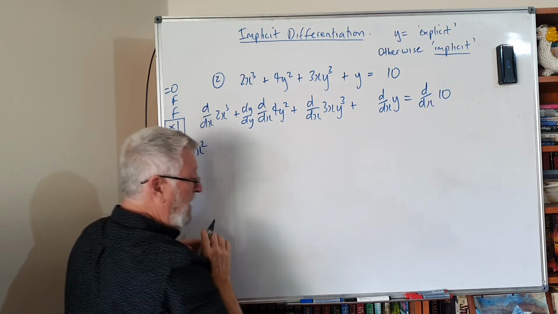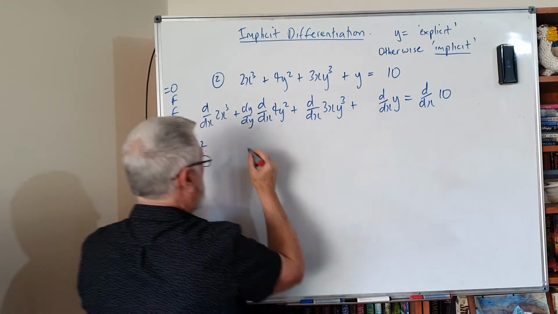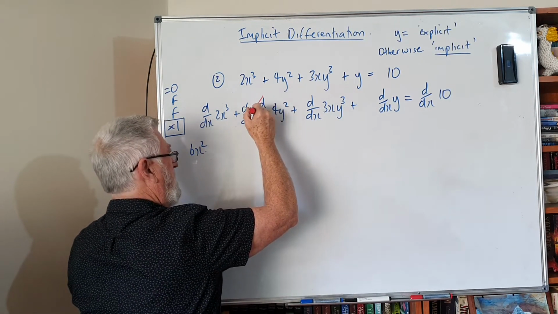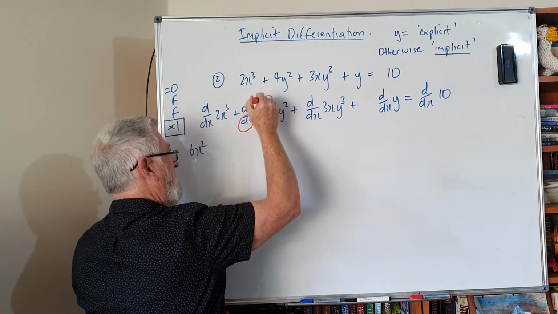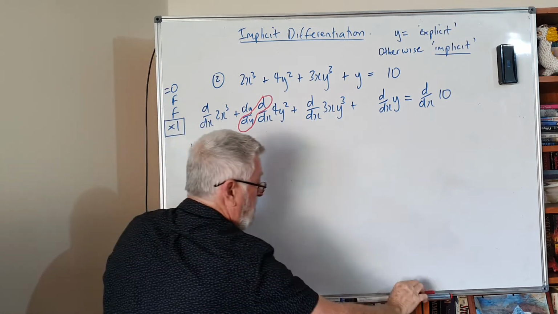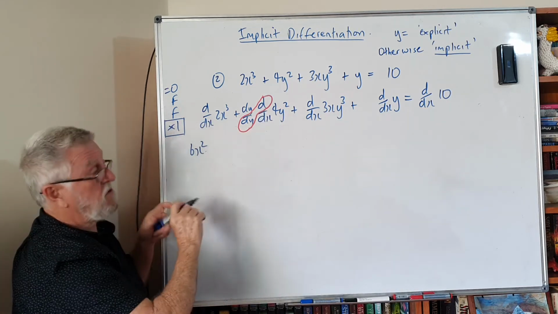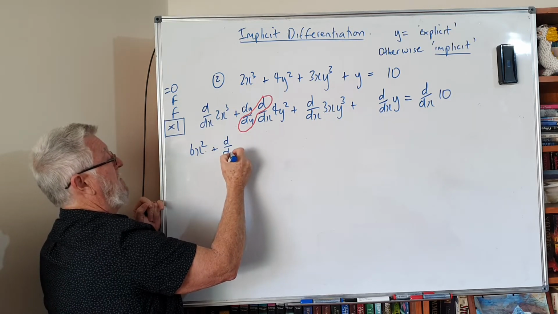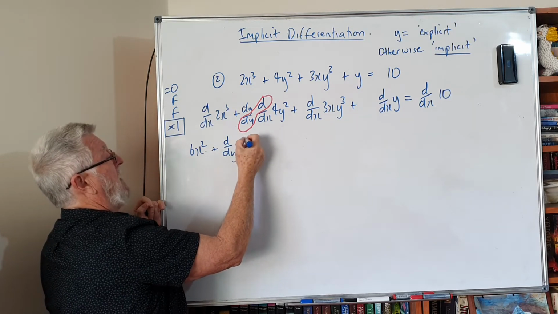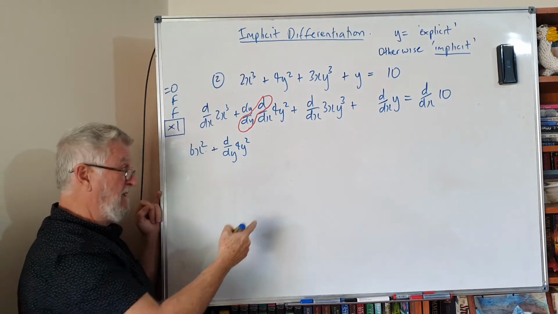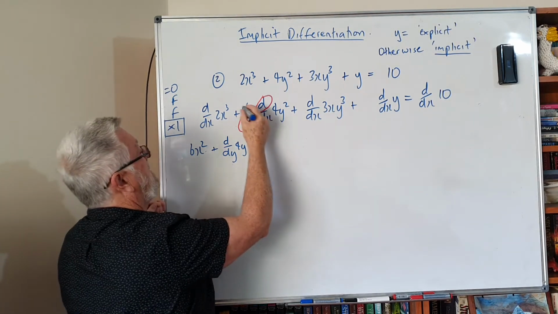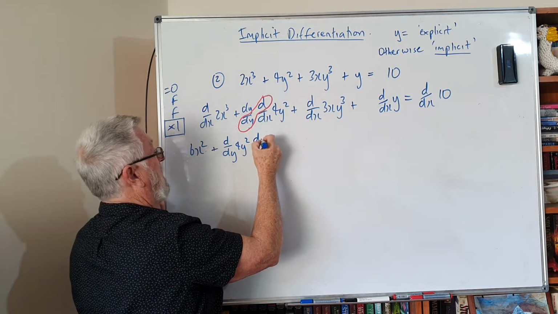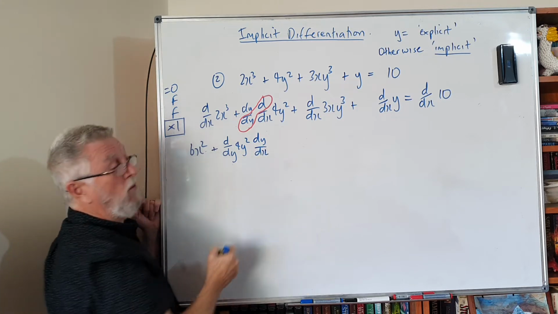Let's have a look at what we've got here. Now we've got this thing where I've got a d and a dy. So now I've got a derivative of 4y squared. If I wanted to be fussy, I can take my time and write that's the derivative of the 4y squared. So now I'm allowed to differentiate that. So we're talking about the y's and the y's, and then we're left over with this dy dx. So it got us out of trouble.